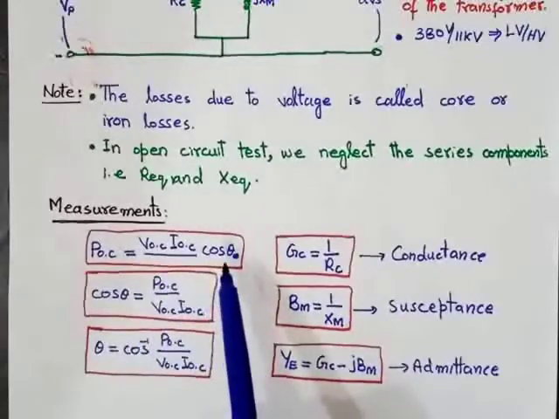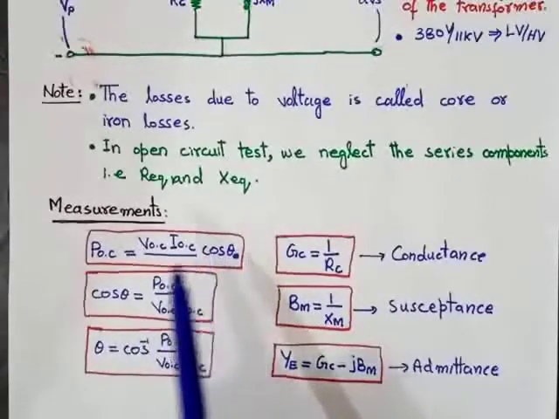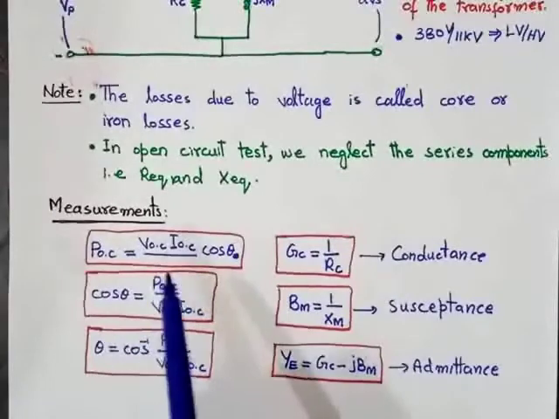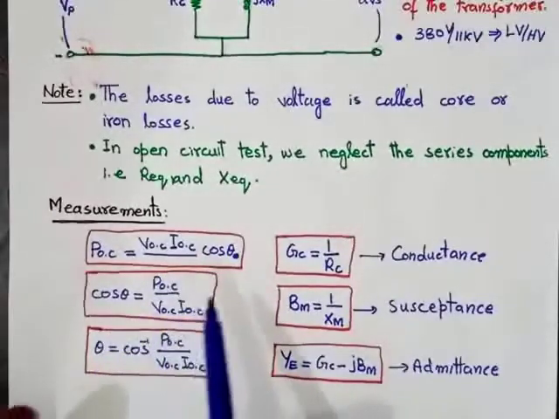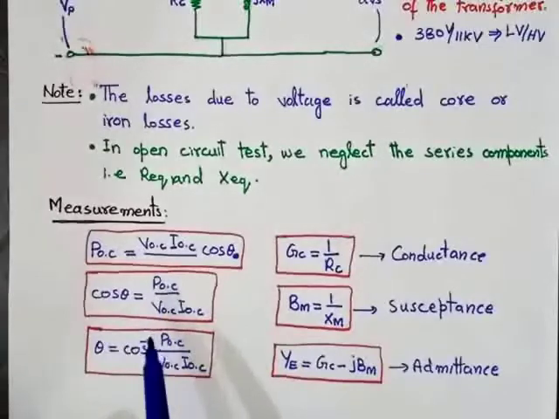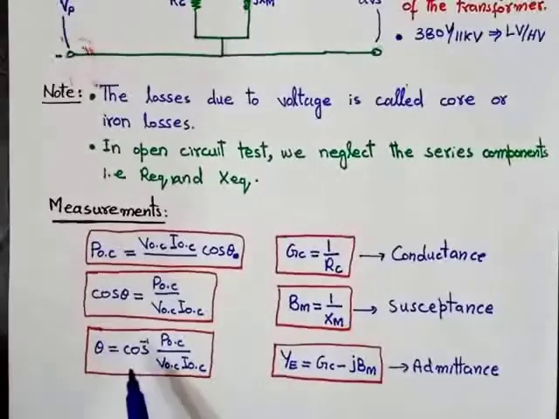The value of theta we can determine, as we know, cos theta will be equal to P open circuit over V open circuit into I open circuit, and theta will be equal to cos inverse of P open circuit over V open circuit into I open circuit. So we can determine the value of theta by putting the values of P open circuit, V open circuit and I open circuit in this formula.